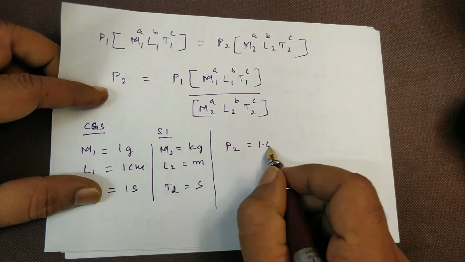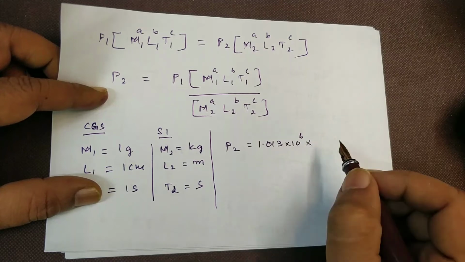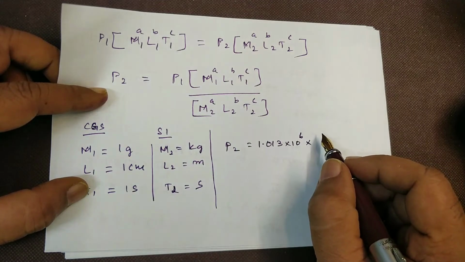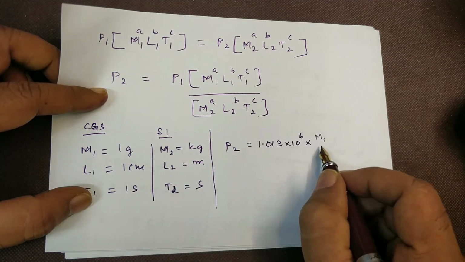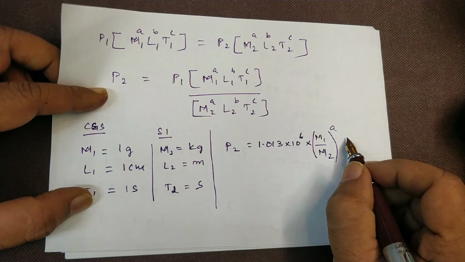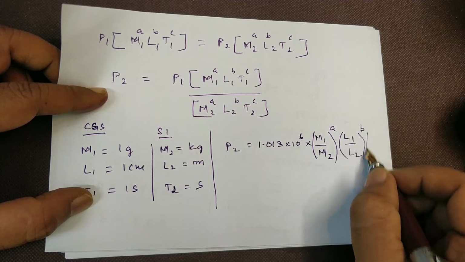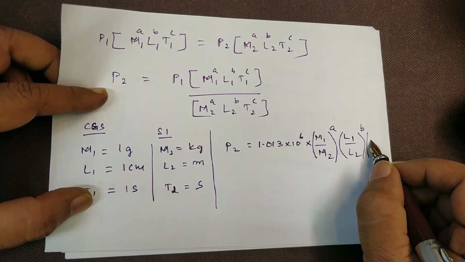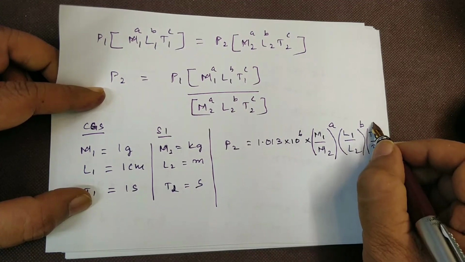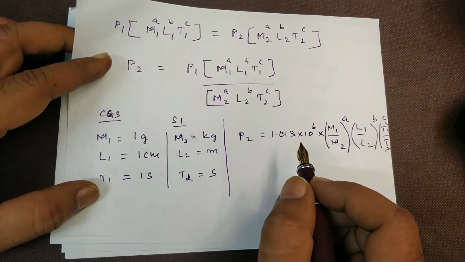So P2 is 1.013 into 10 power 6 into M1 by M2 whole power a, similarly L1 by L2 whole power b, and T1 by T2 whole power c. Okay, right?